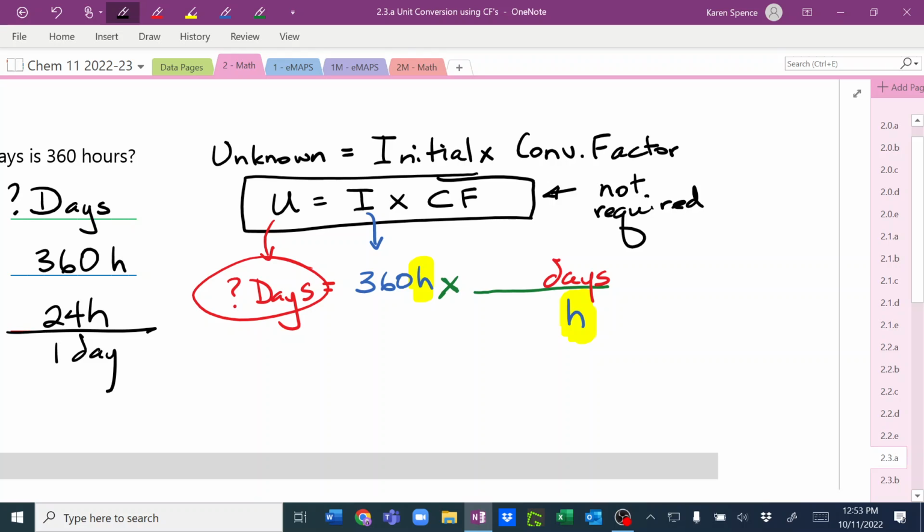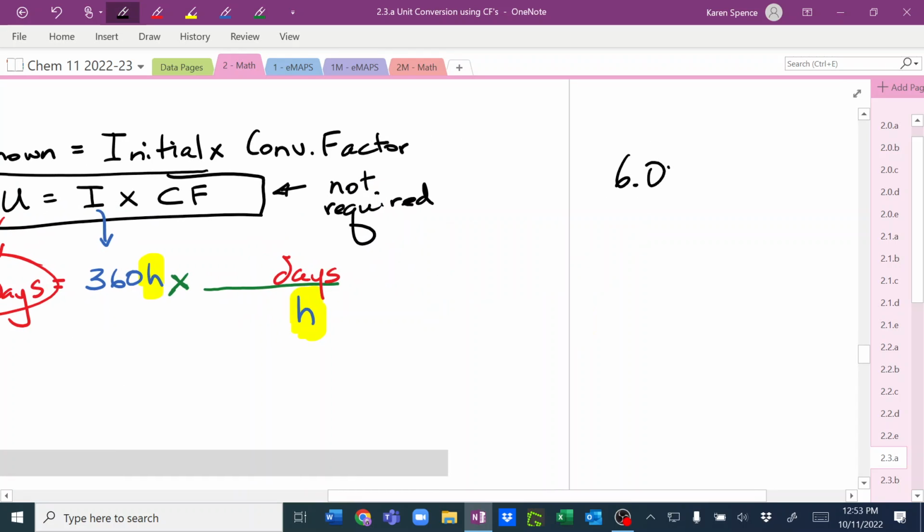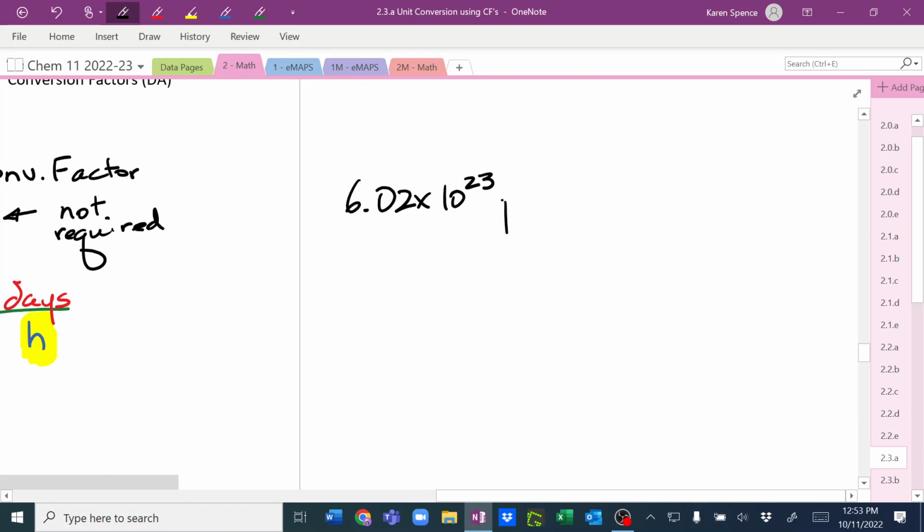Later on, we're going to have numbers where you need to learn that 6.02 times 10 to the 23 particles is equal to 1 mole.